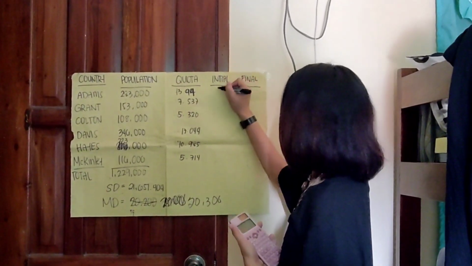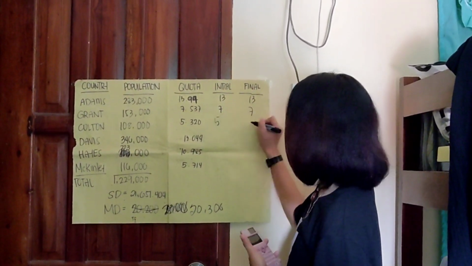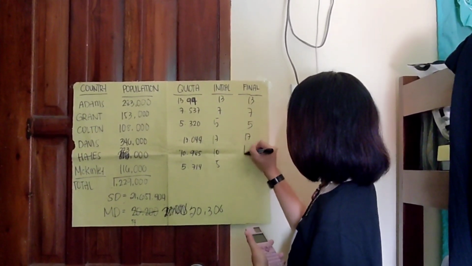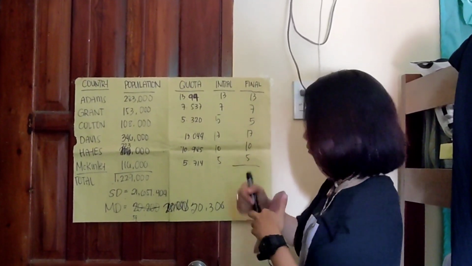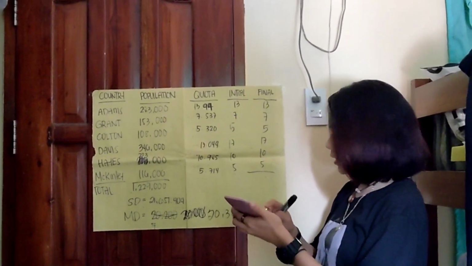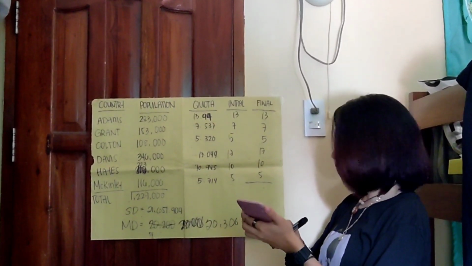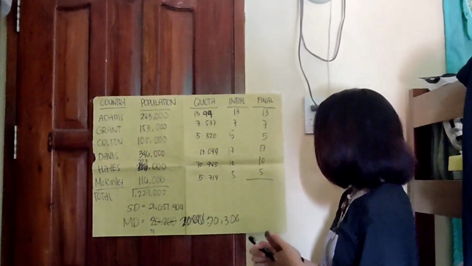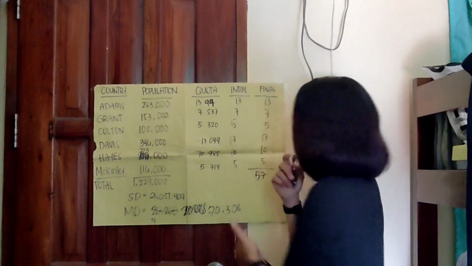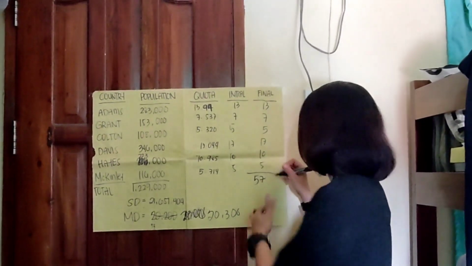Initial: 13, 7, 5, 17, 10, and 5. Calculating, 13 plus 7 plus 5 plus 17 plus 10 plus 5 is equal to 57. As you can see, our problem has 57 seats.